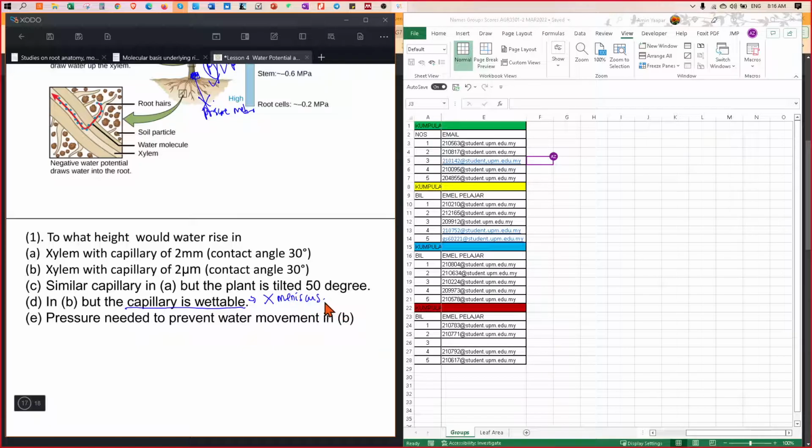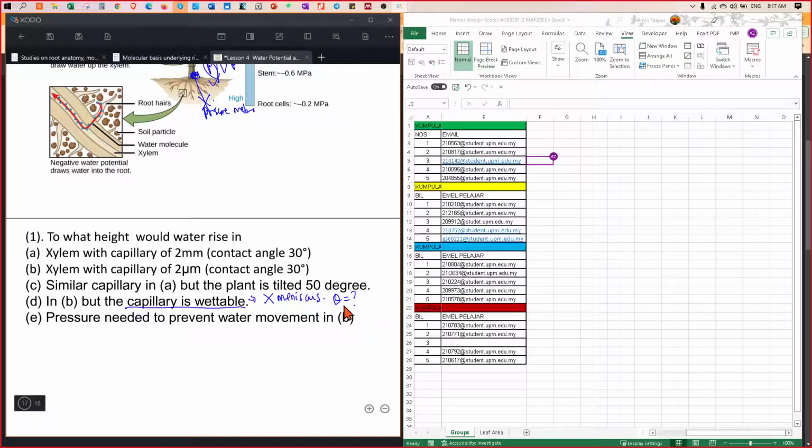So can you guess what is the contact angle when there is no meniscus? 90.